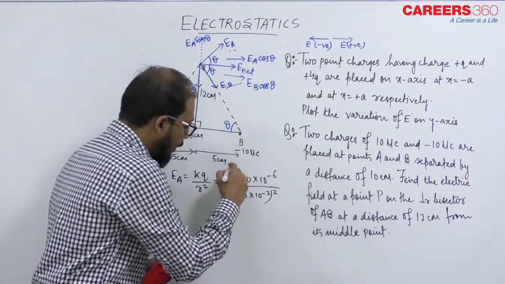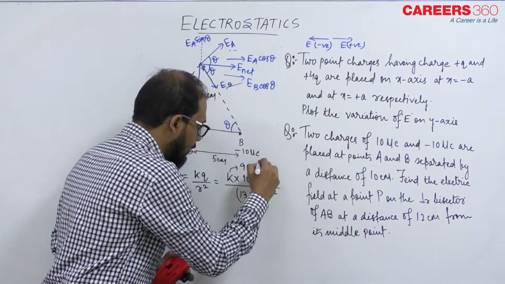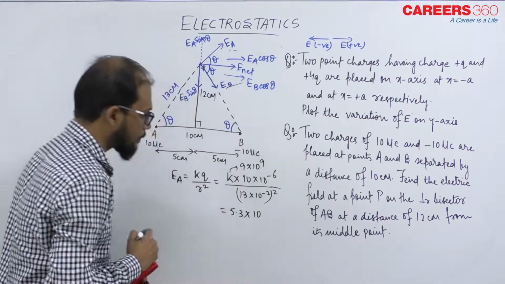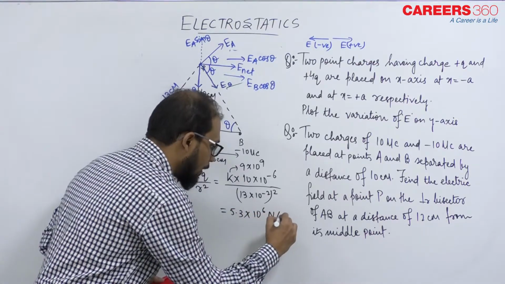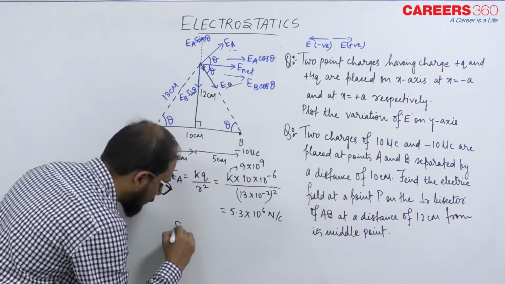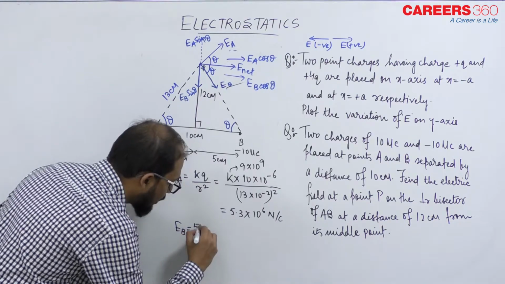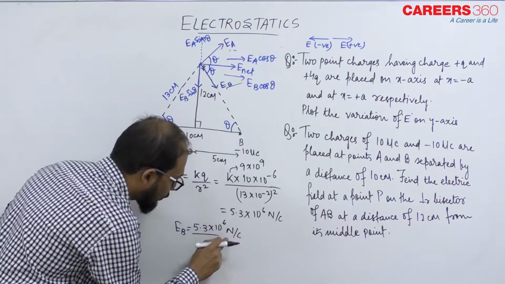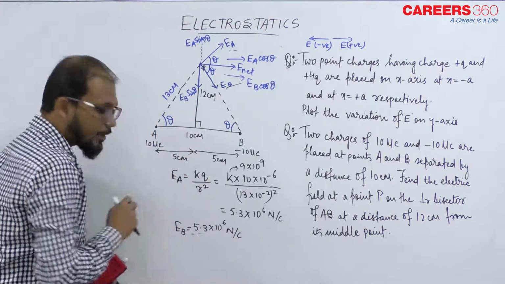And the value of K is 9 into 10 raised to the power 9. And this value comes out to be 5.3 into 10 raised to the power 6 Newton per coulomb. And if we calculate the value of EB, it will also be equal to 5.3 into 10 raised to the power 6 Newton per coulomb, because the value of Q and R is the same in case of B also.